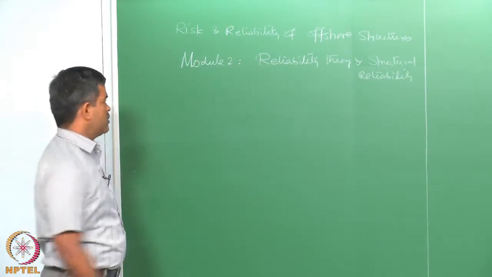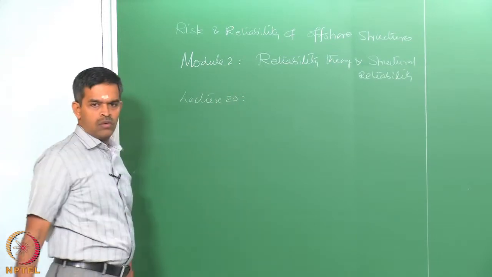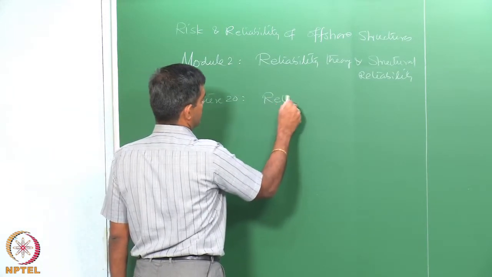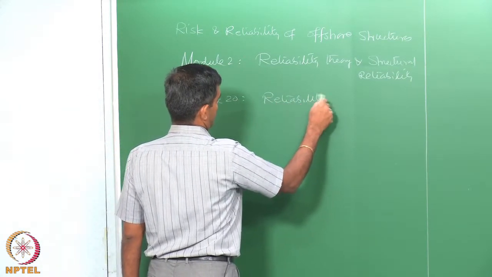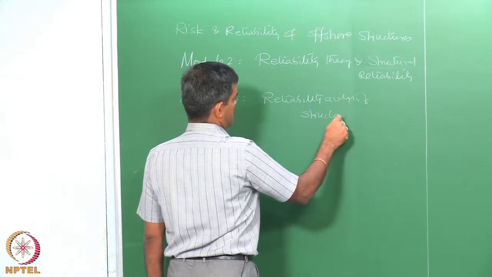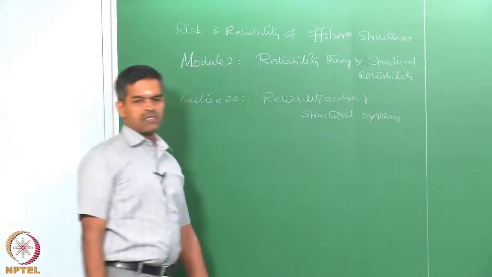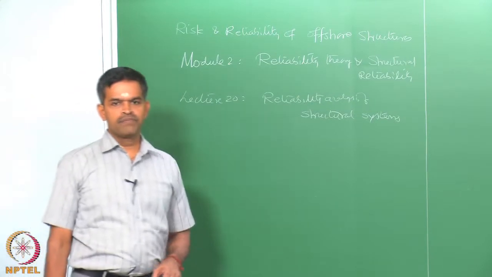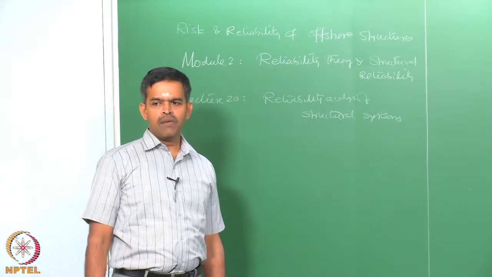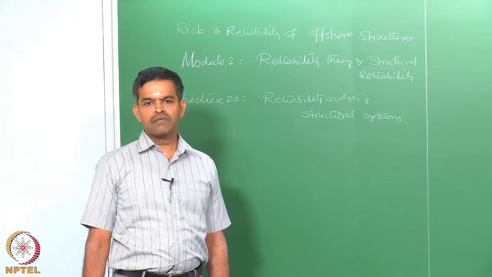In this lecture, which is lecture 20 in module 2, we are going to talk about structural systems, that is, reliability analysis of structural systems. In the last lecture we discussed that if I know the reliability index of an element, I can always find the reliability index of the entire system.